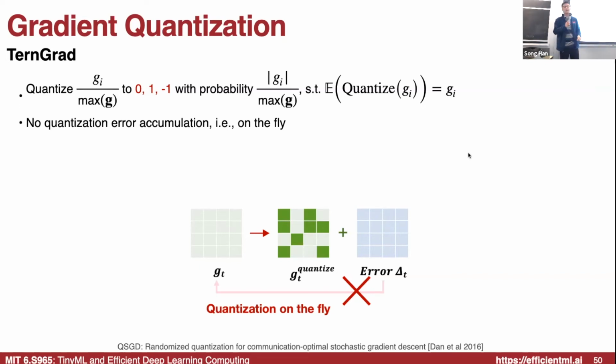So if this G divided by max G is like 0.9, then you have 90% probability to be quantized to 1. The expectation will be well maintained. But this method doesn't accumulate the error, so the quantization happens on the fly.